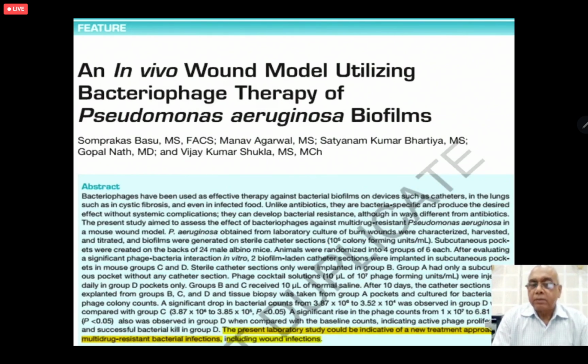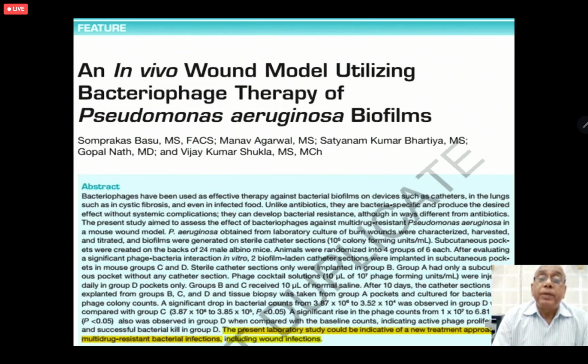We created a subcutaneous pouch on the back of 24 albino mice, and these mice were divided into 4 groups: Group A, B, C, D. The phage sensitivity was tested, and phage cocktail solution was used after implanting the bacteria-laden catheters in group C and D, and a sterile catheter was implanted in group B, and only the subcutaneous pouch was treated in group A.